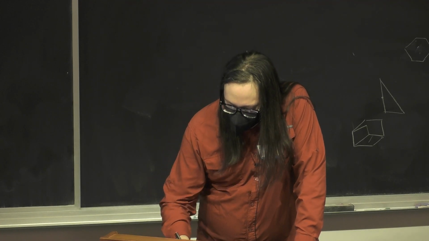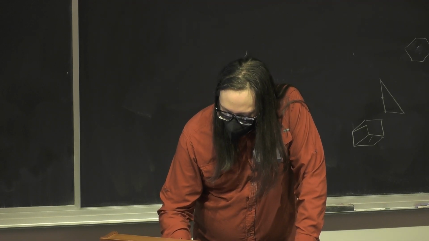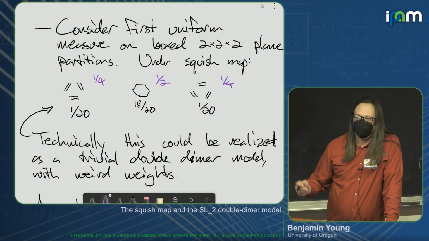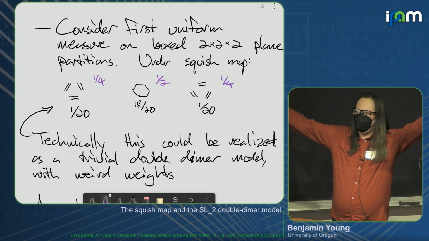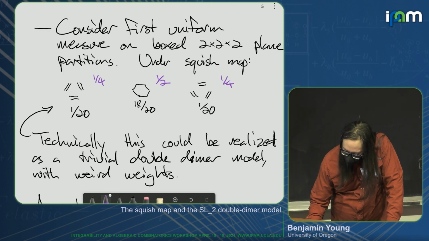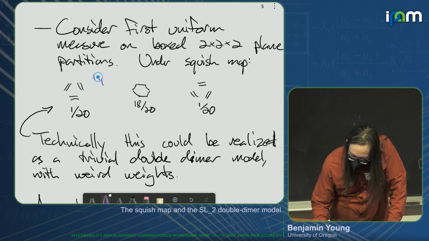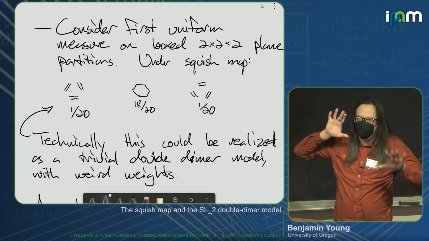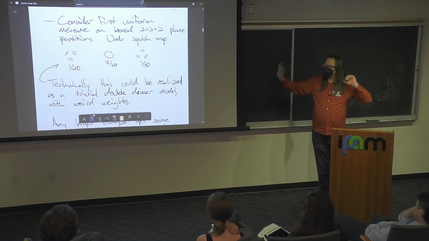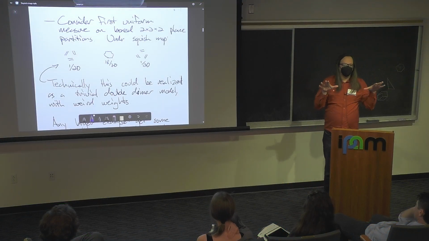Really the weight should be a quarter, a half, and a quarter, for instance, if you had 2 uniform measures on the single dimer model there. The only reason that this is possible to realize at all as a trivial double dimer model is that this is such a small example.